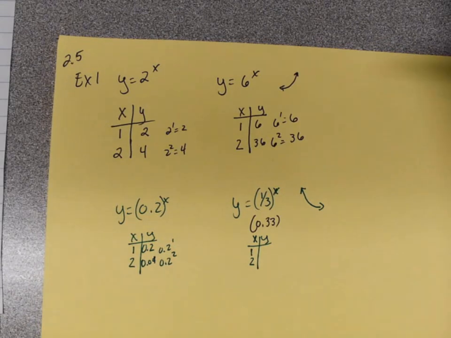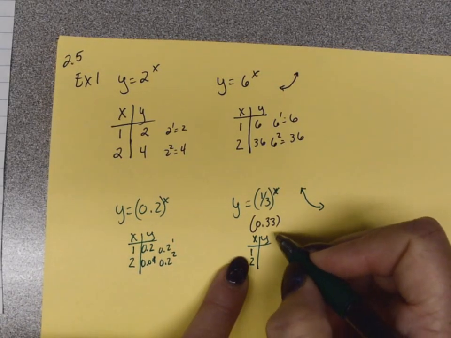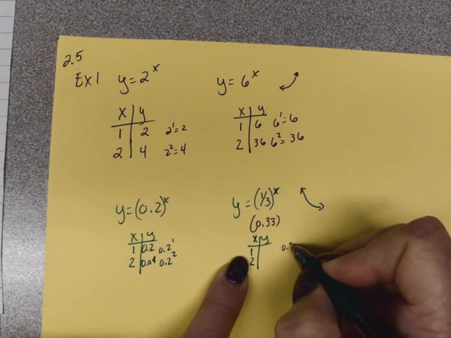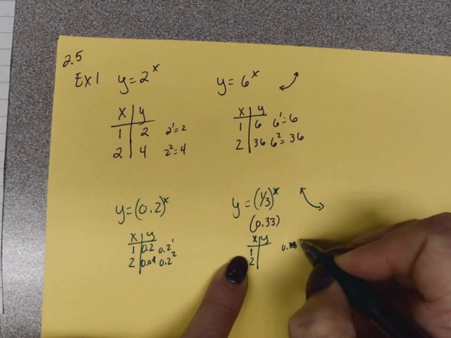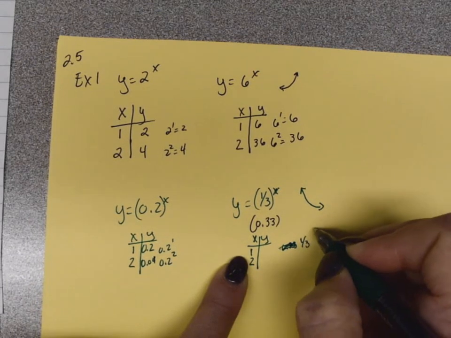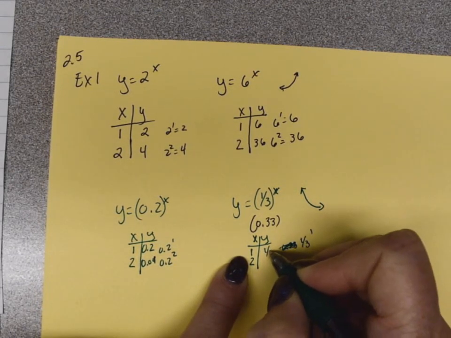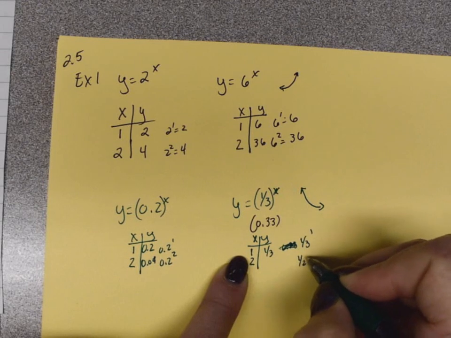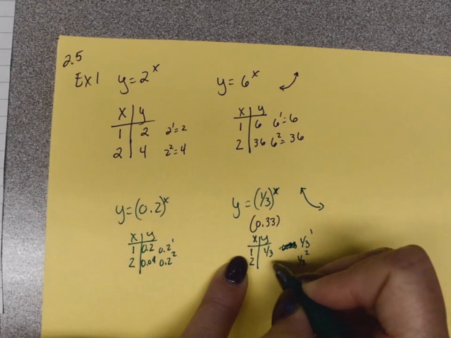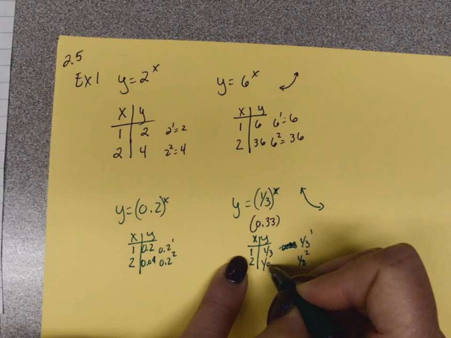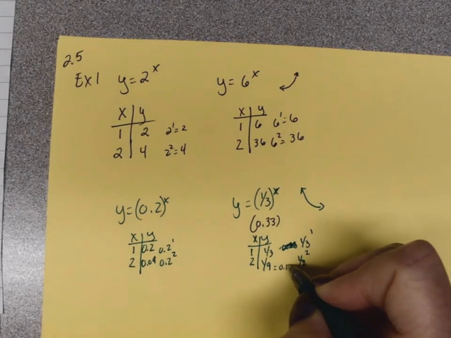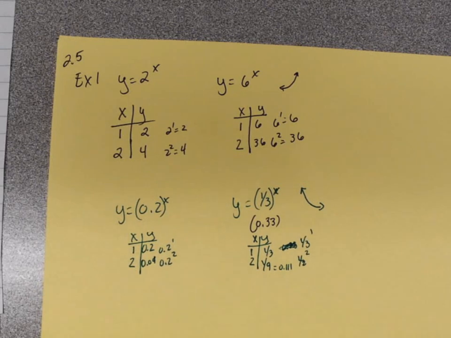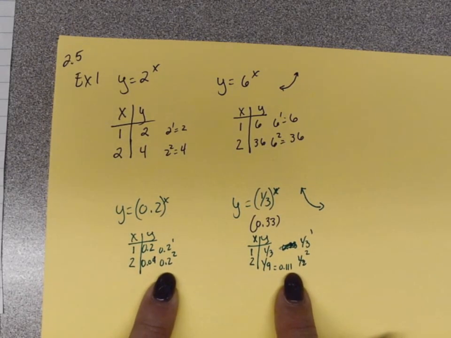Then if we plug in 1 here, we get 0.33. We should just use the 1/3. If we have 1/3 to the 1, we get 1/3. If we have 1/3 squared, we get 1/9, which is the same thing as 0.111, just so we can compare across.